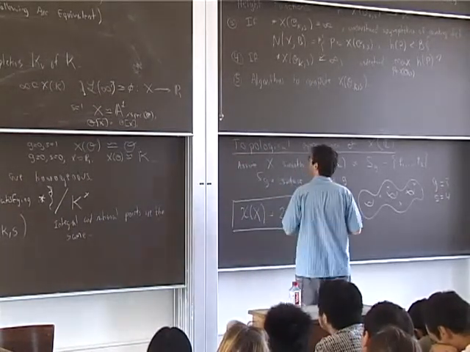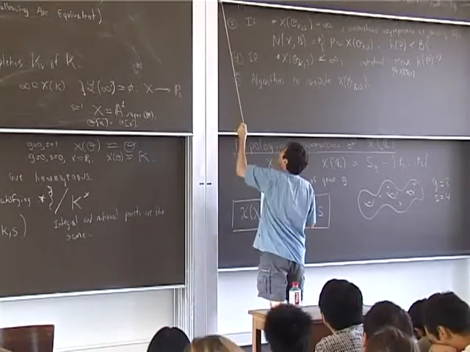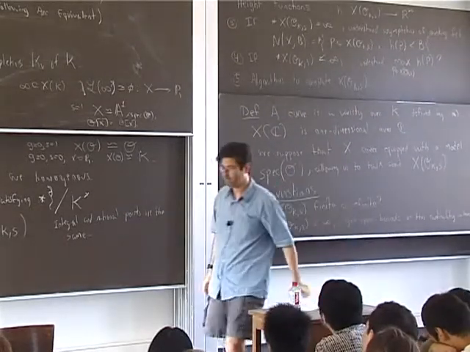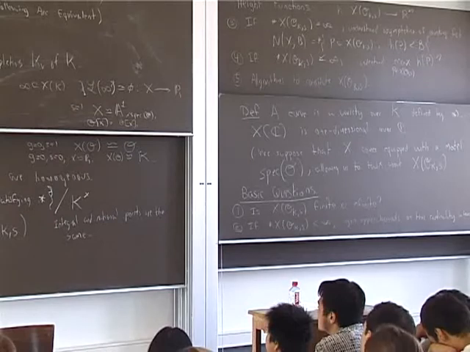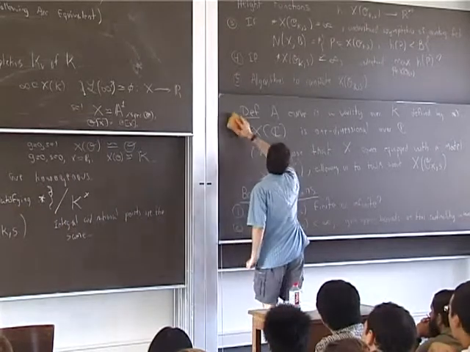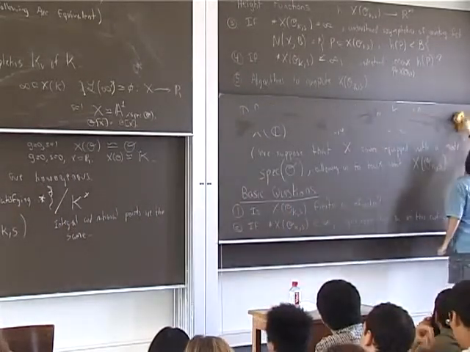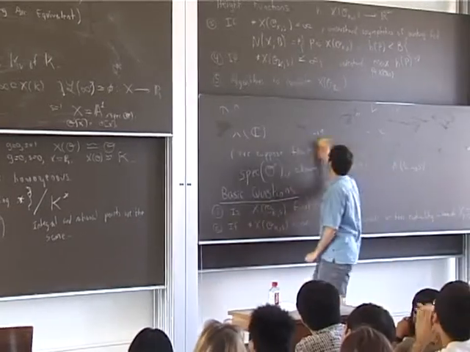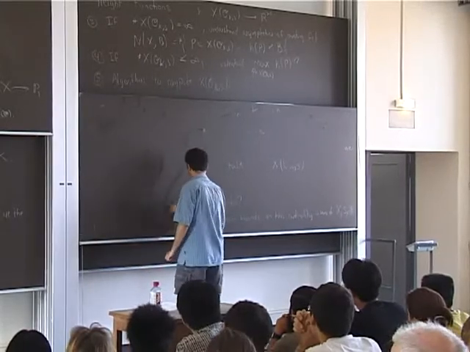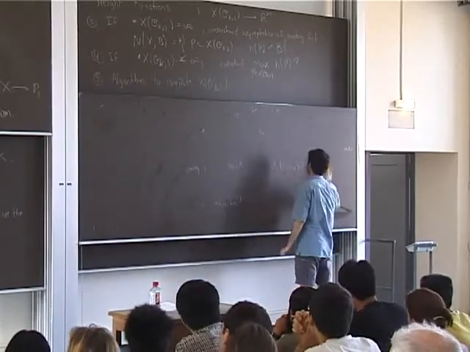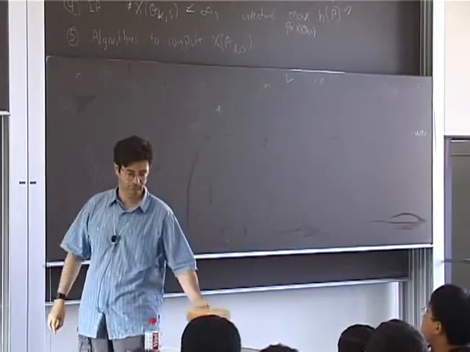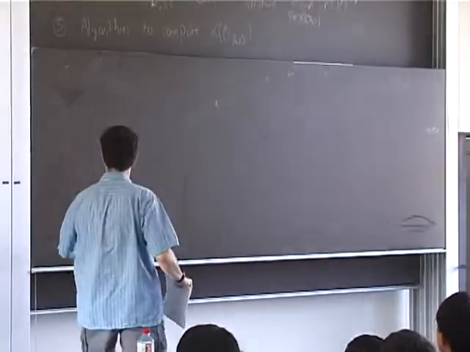Okay, so now let me say a few things about the case of 0 Euler characteristic. So let's now look at the case where chi of X is equal to 0.